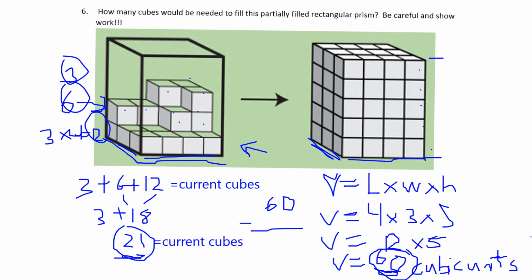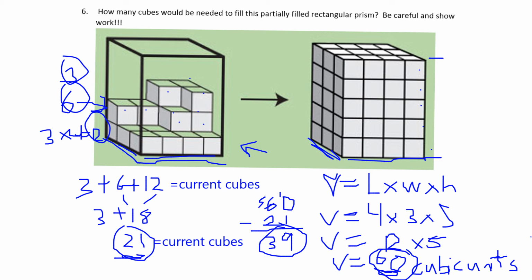When I take 60 and subtract 21, I need to borrow from the 6, which will give me 5 here. Then that becomes a 10. 10 minus 1 is 9. Then 5 minus 2 is 3. So I get 39. 39 cubic units is how many more I need in order to fill the partially filled rectangular prism.